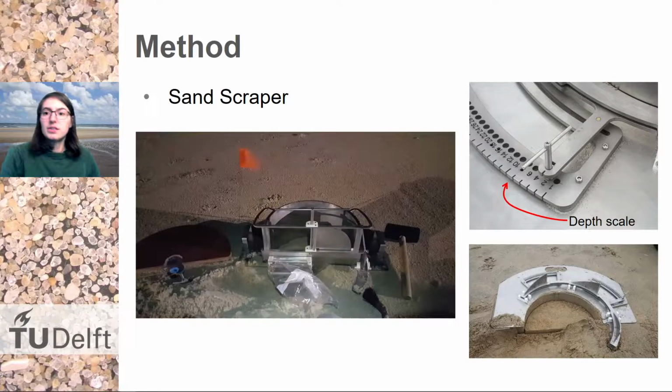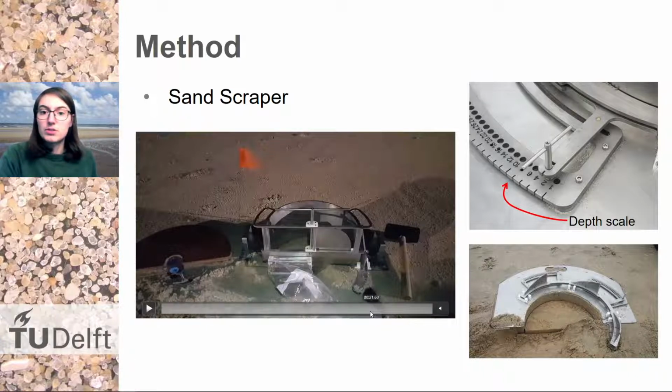So what we did is make a completely new device. It's custom made, it's super cool if you ask me, and with this we can measure that vertical grain size variability. In the lower right you can see the bottom plate that's put onto the surface, and then we insert this device into that bottom plate.